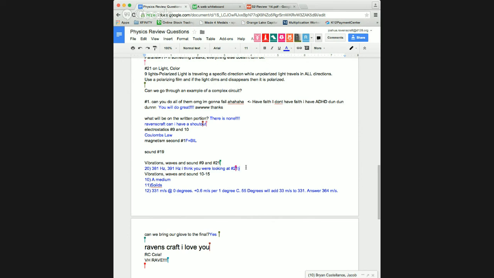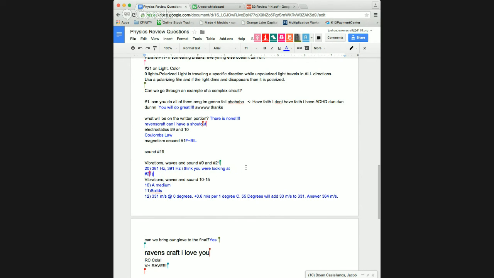Okay, so 21, here it's a sonar, it's an echo, but here's the key. It says time is 5 seconds. That's 5 seconds to go there and back. So one way, it's only 2.5 seconds.